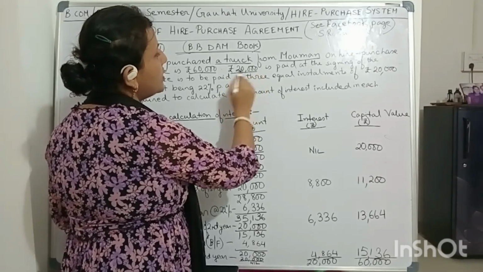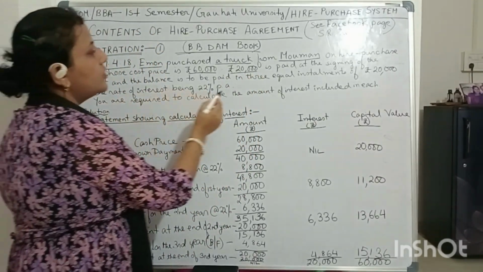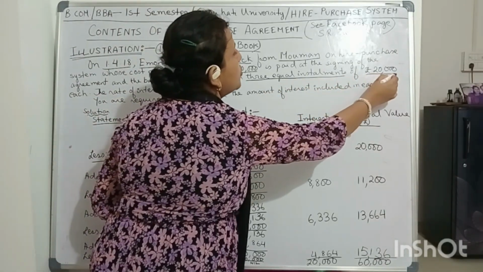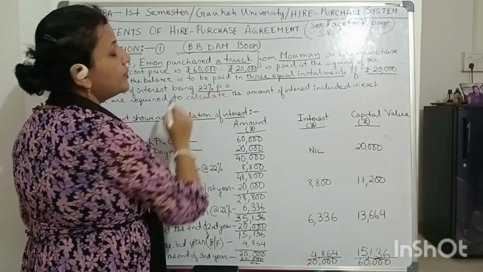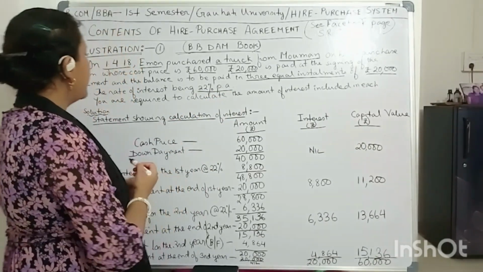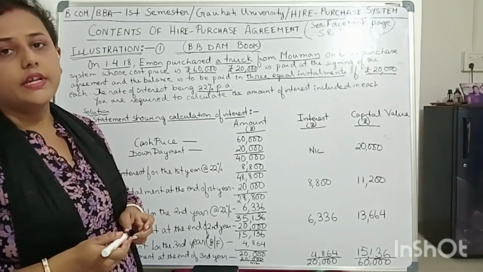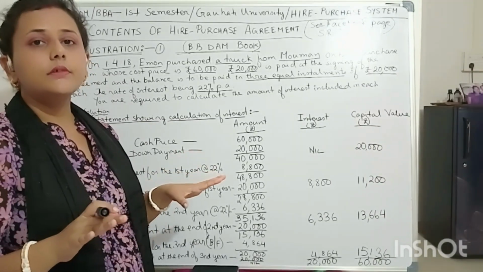Rupees 20,000 is the amount of down payment, and the balance is to be paid in 3 equal installments of rupees 20,000. The rate of interest is 22% per annum. You are required to calculate the amount of interest included in each installment.